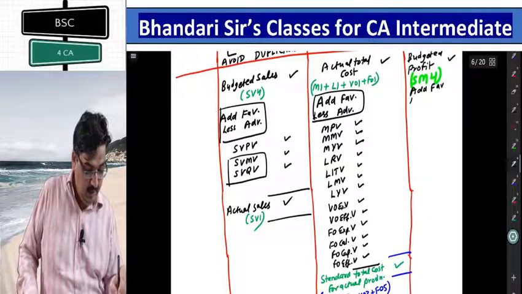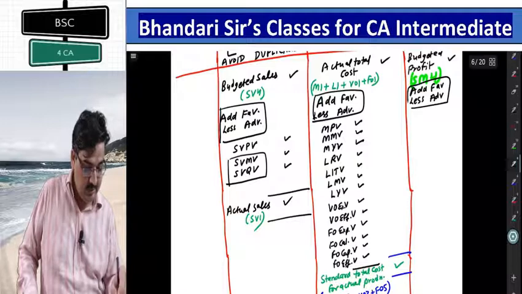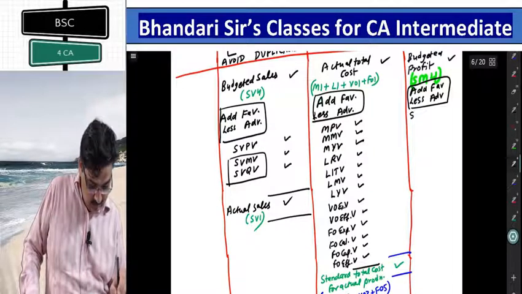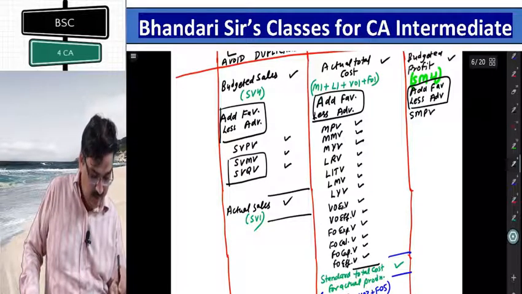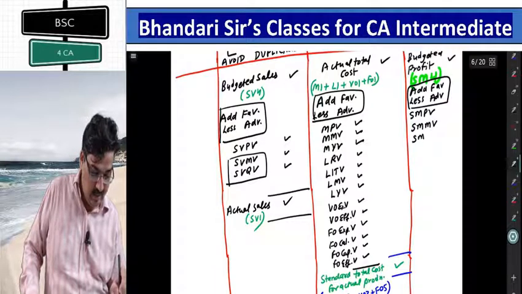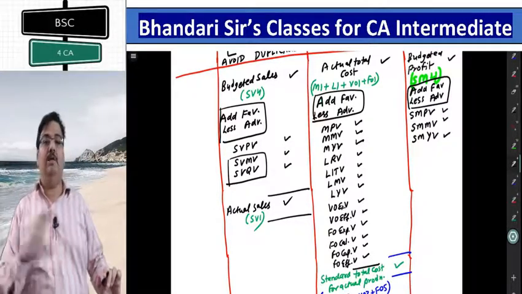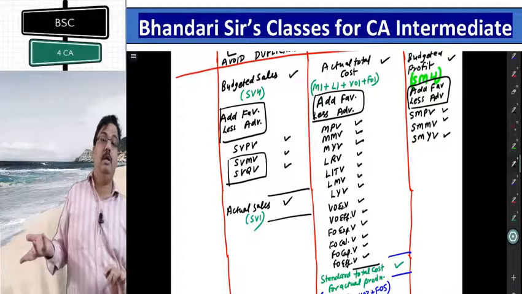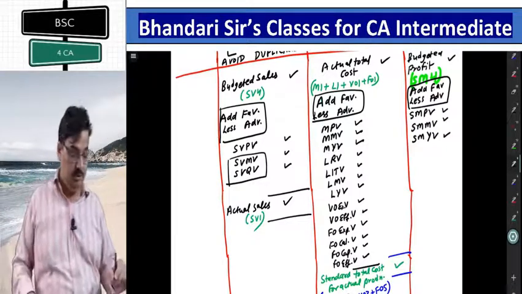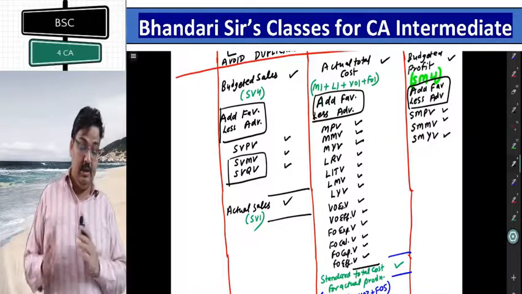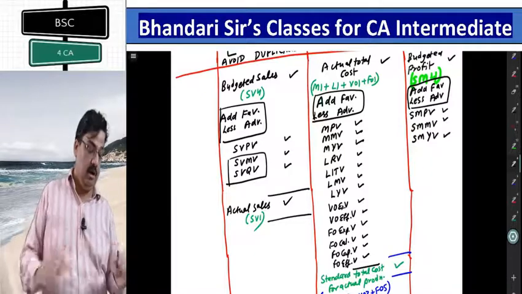Add favorable, less adverse. Sale margin price variance, sale margin mix variance, sale margin yield variance. And remember, always sale margin price variance equals sale value price variance, so they can be used interchangeably. The rest of all variances I can copy from the cost category. The same are coming here also.